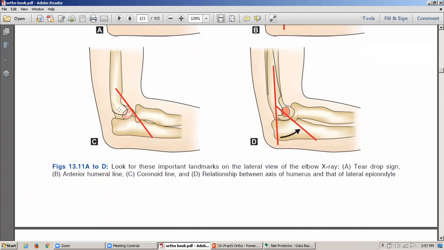Then the coronal line, this one. And this is the relationship between the axis of the humerus and that of the lateral epicondyle. So in diagram D, you can see this.